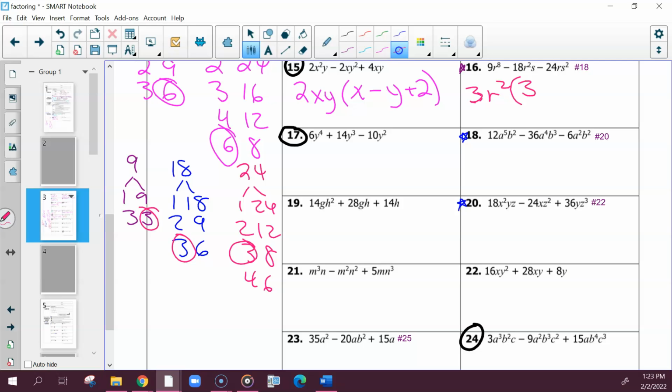It would be 3. Think about subtracting when you have an exponent. So r to the 6. And then the last one.